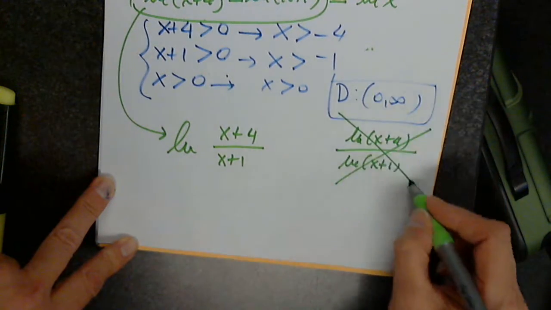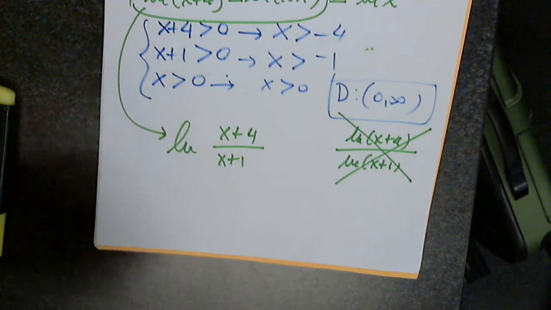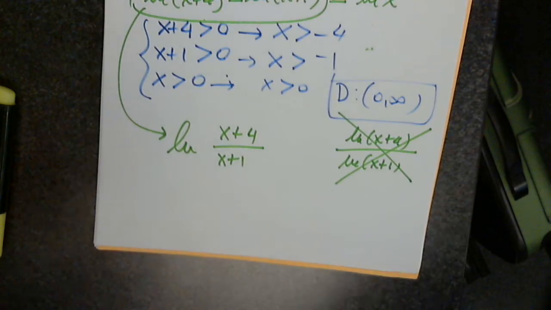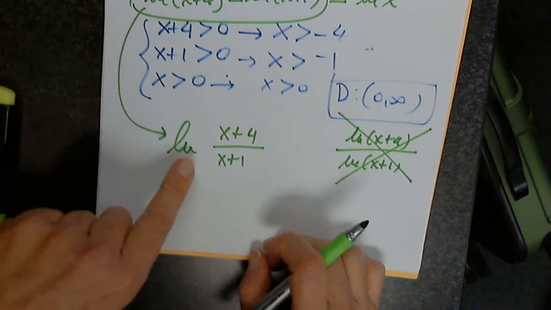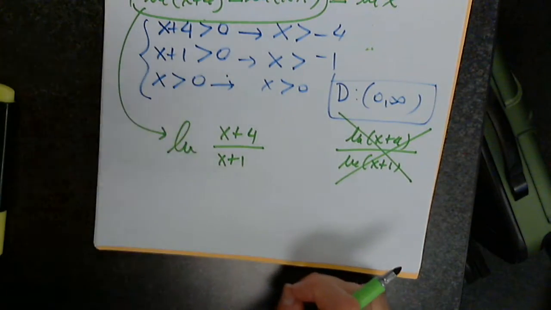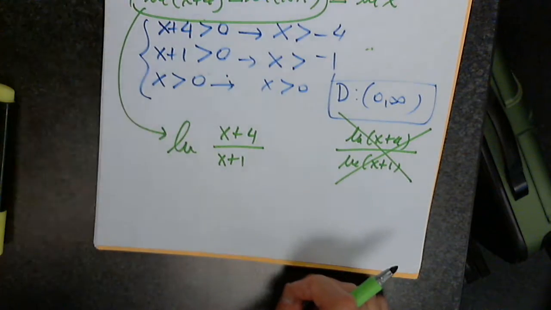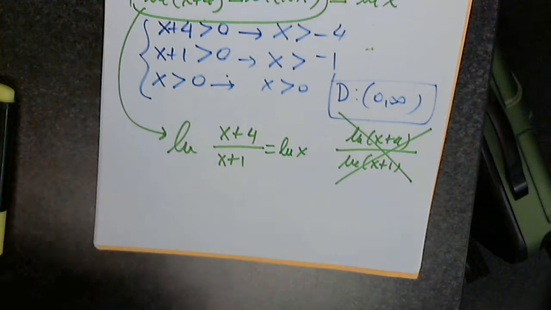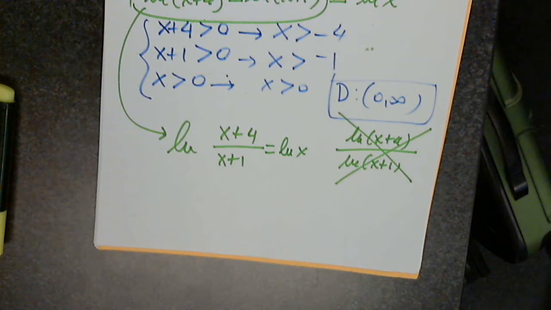Please pay attention to that. I'm not saying you are going to make this mistake, but this is log applied to a ratio. It's not a ratio of logs. I'm just pointing it out. Okay, good. So what do I do now?